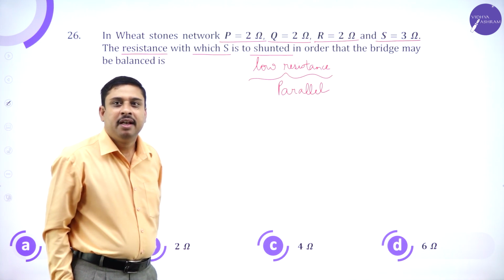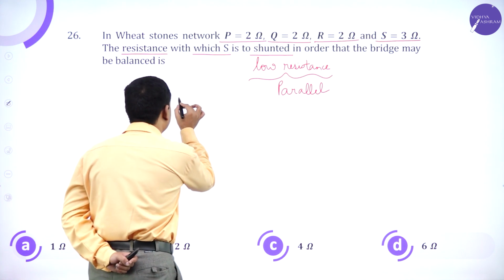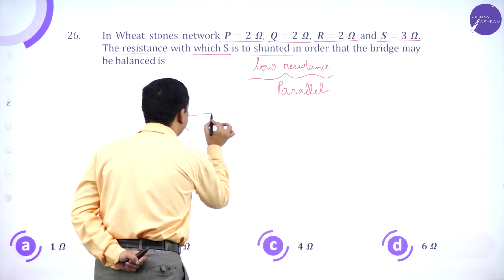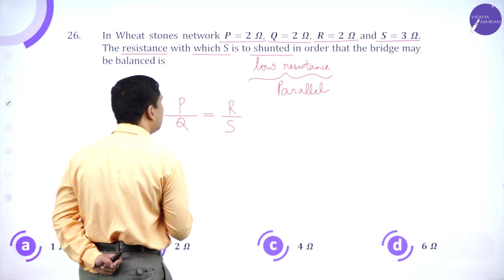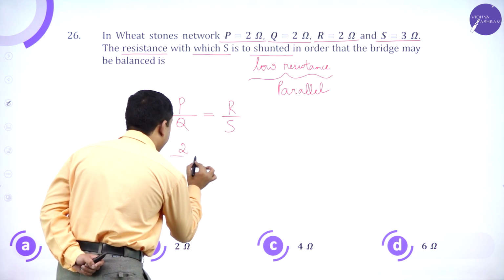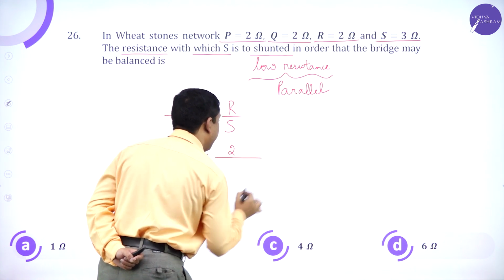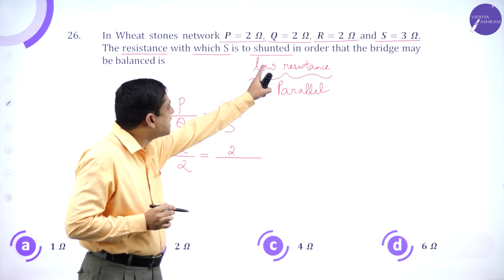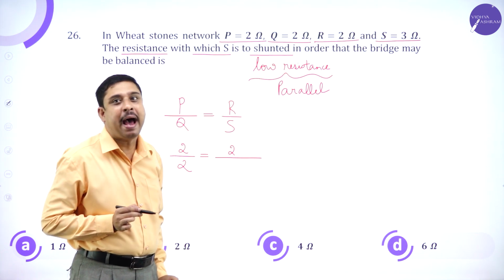Now, get me the balancing condition for a Wheatstone's network. It is P by Q equals R by S. 2 by 2 is 2 divided by. Now, a shunt resistance has to be connected with S in parallel.